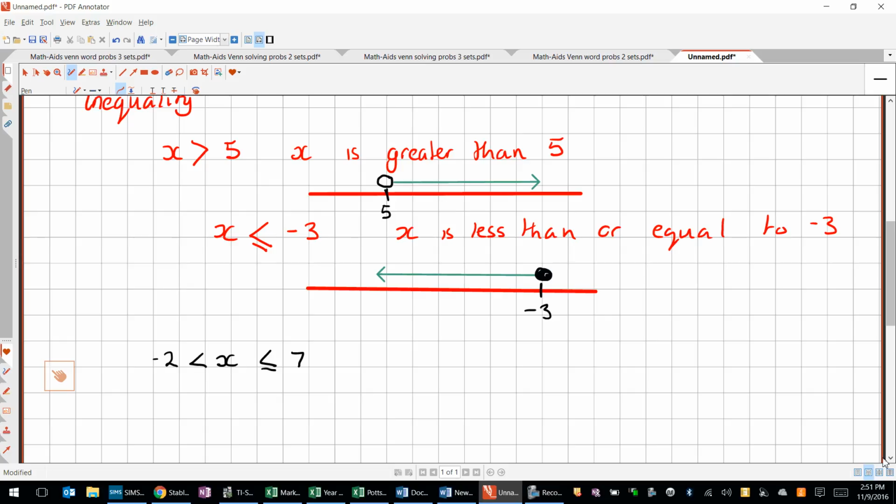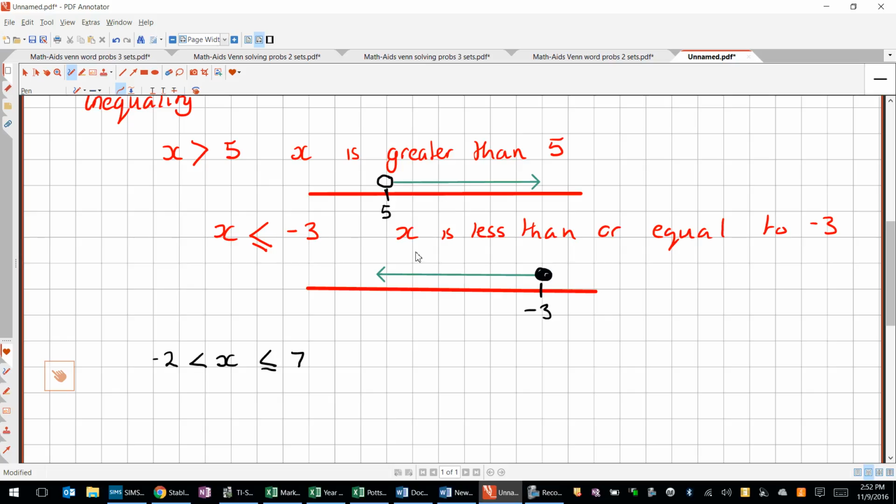Exactly. So it's just easier. What you said wasn't wrong. It's just difficult to understand. So we just start with the X. X is basically between -2 and 7, including 7. So we would say X is greater than -2, but less than or equal to 7. Okay, shall I write that?